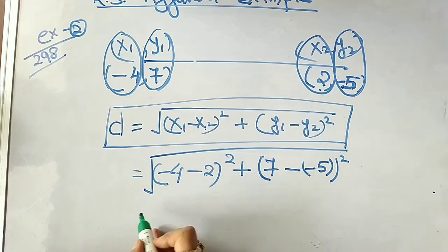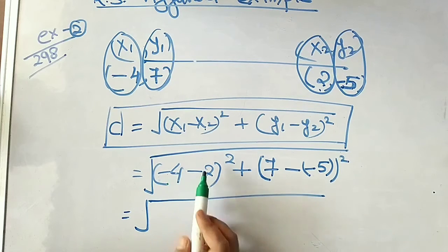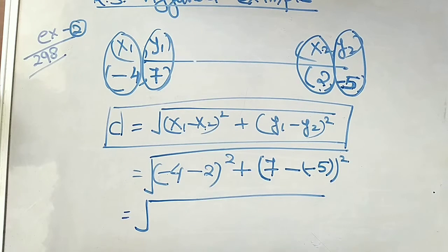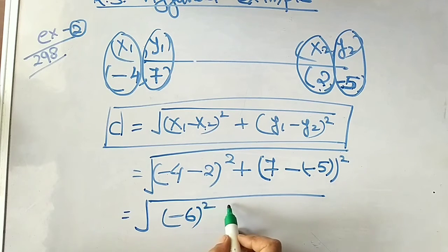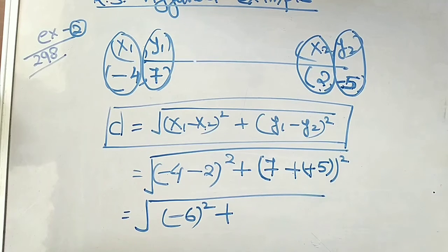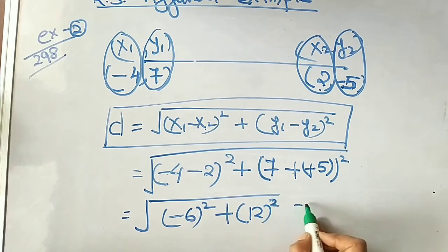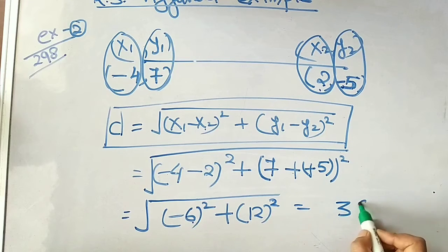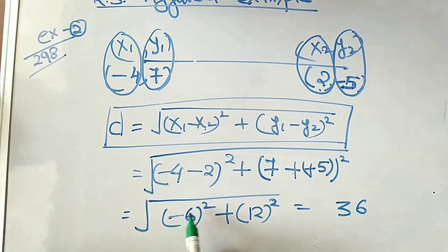Now I think everybody knows this: minus and minus will become what? Added. So -4 -2 is -6 square, plus this minus and this minus will go plus, right? So 7 plus 5 is 12 square, and 6 square is 36, and the minus will become plus because it is a square.